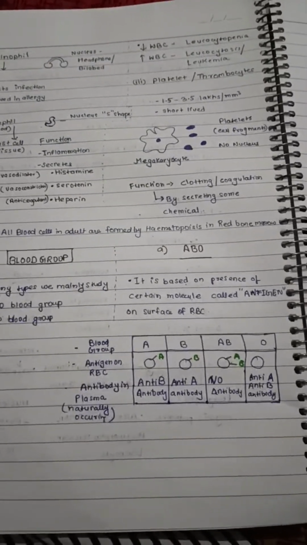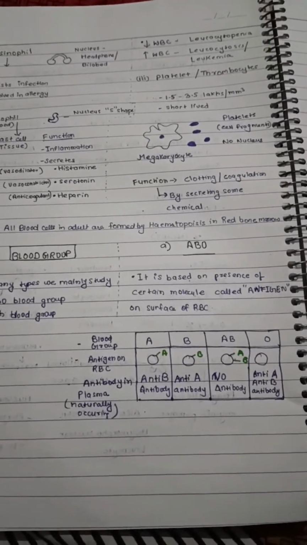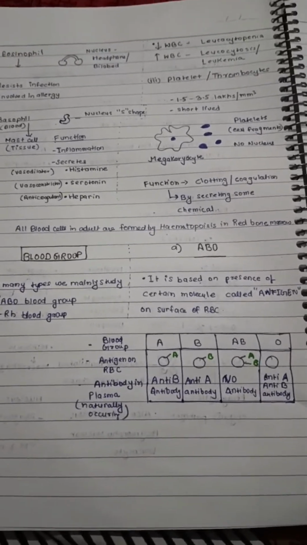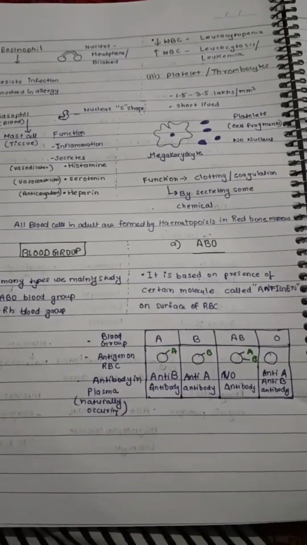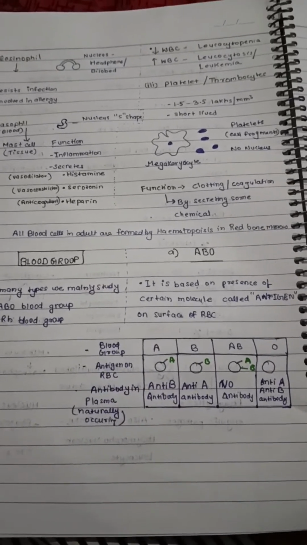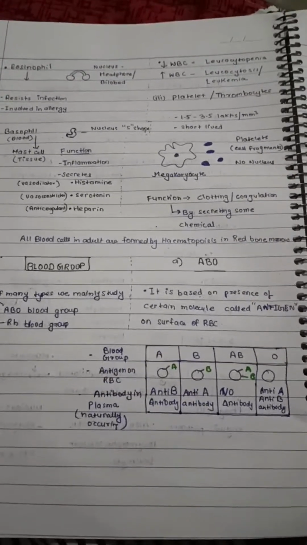Now let's talk about antibodies. In the A blood group, anti-B antibody is present. In B, anti-A antibody is present. In AB, no antibody. And in O, both anti-A and anti-B are present.